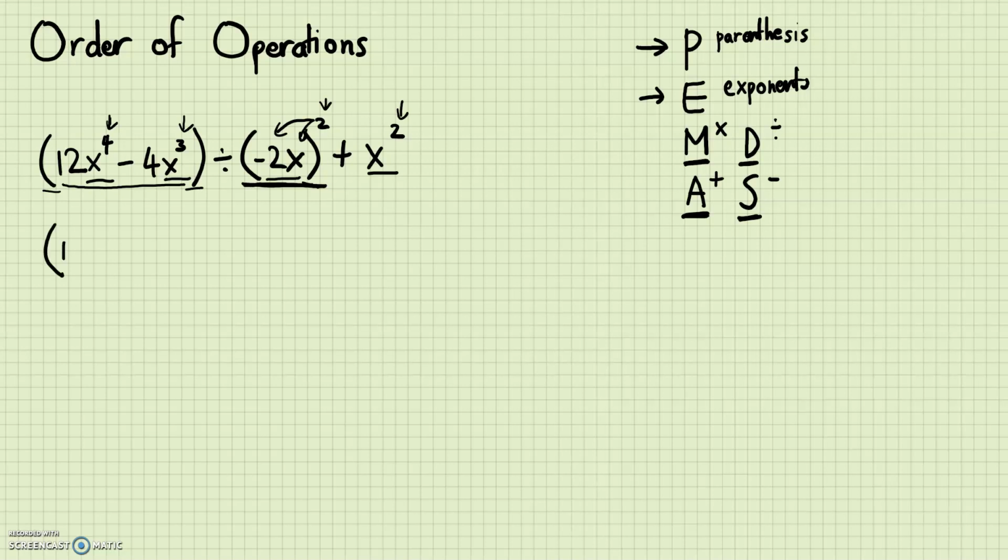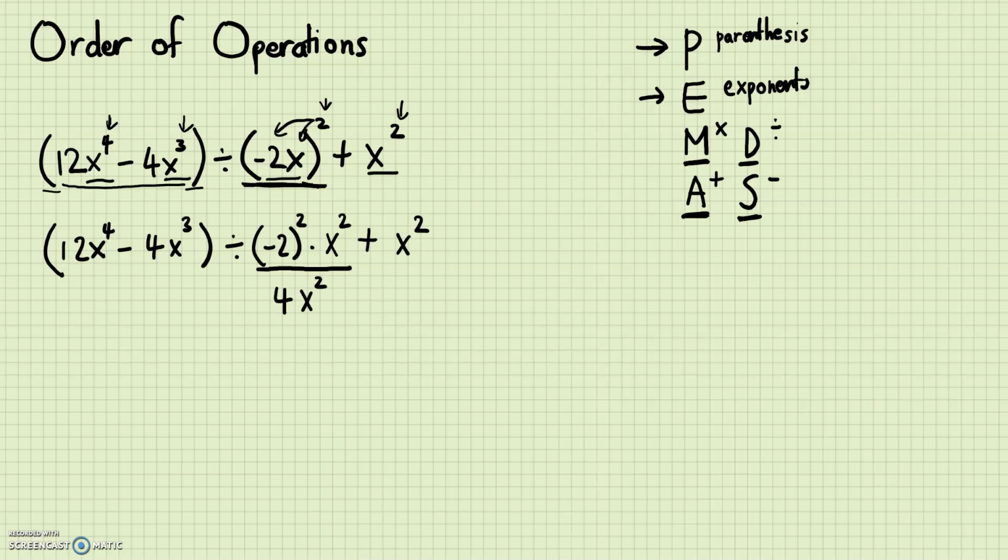So we can't simplify this, so let's just leave it as is, divided by 2 to the power of 2 applied to the negative 2, times the power of 2 applied to x, plus x squared. So then this part becomes negative 2 squared is 4, and x squared is just x squared. Okay, so we have 12x to the fourth minus 4x cubed divided by 4x squared plus x squared.